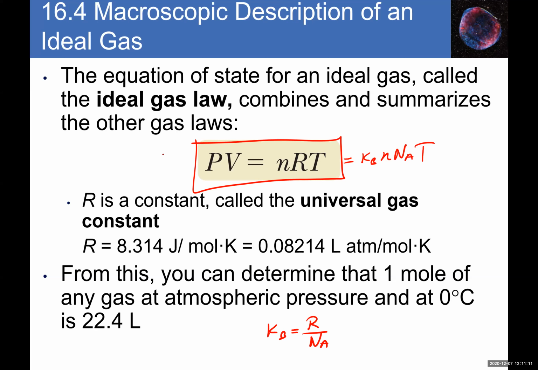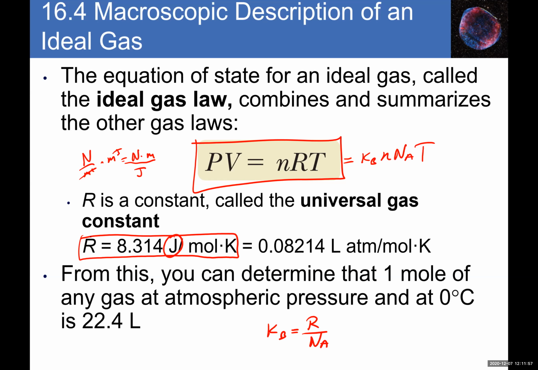That means on the left side, my units are joules, so on the right side, I need to also have joules. And if I'm using joules, then I have to use this version, which is 8.314, which means on the left side, pressure and volume have to be in pascals, which is equivalent to newton per square meter, and cubic meters. That means it's in SI units.